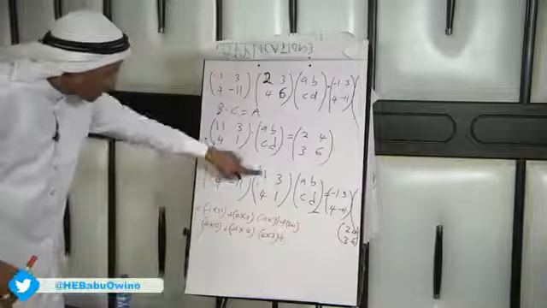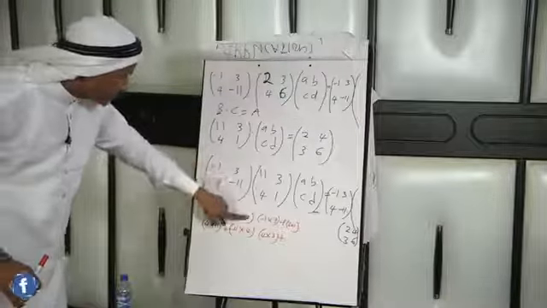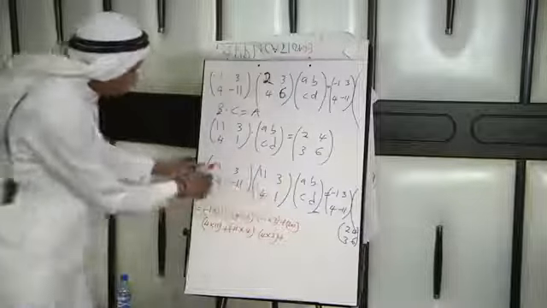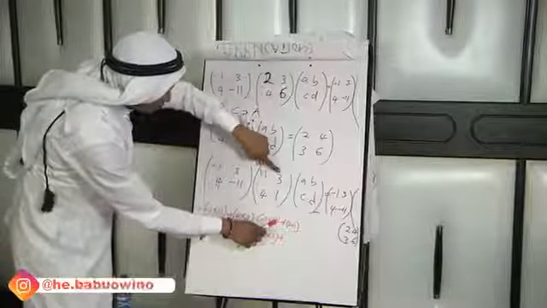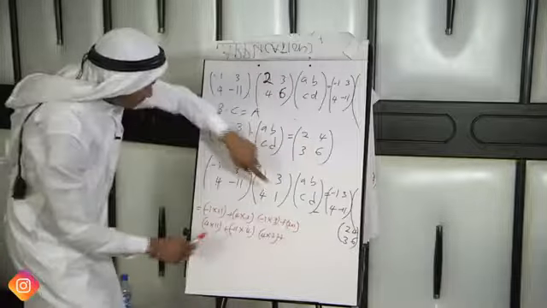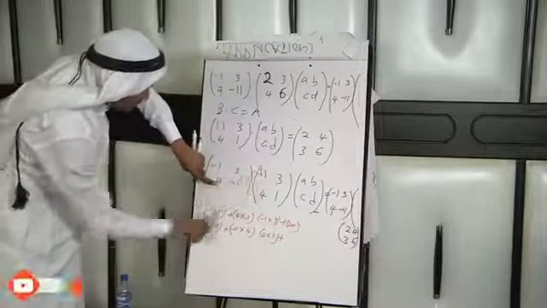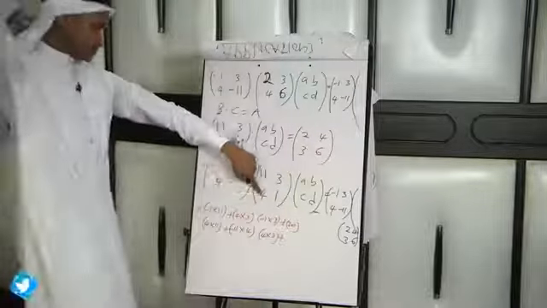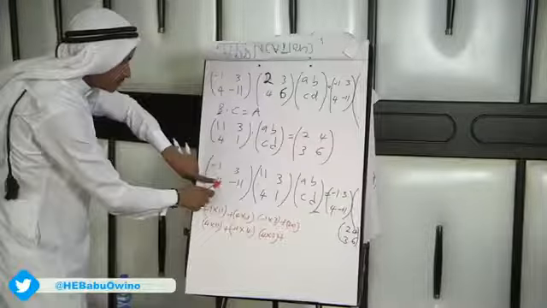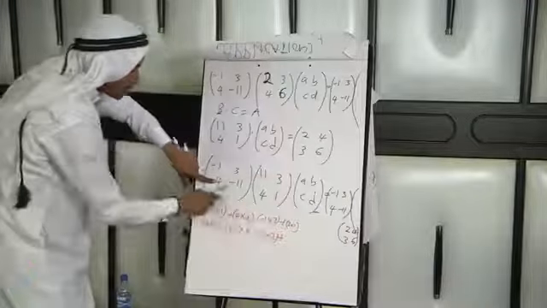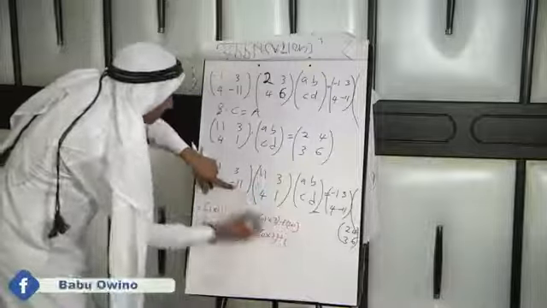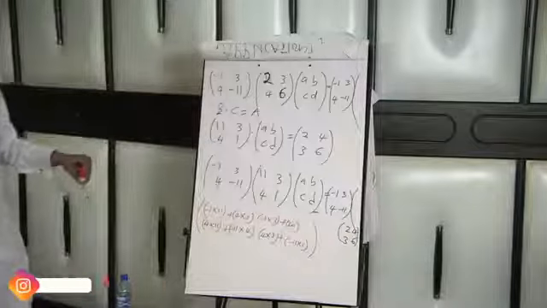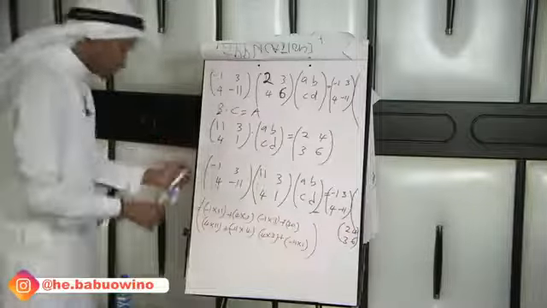Class, minus 1 times 11, yes, plus 4 times 3. Then minus 1 times 3 plus 3 times 1, yes. Then here 4 times 11 plus minus 11 times 4, yes. Then lastly 4 times 3 plus minus 11. Be careful with the signs, class. That is where I want you to focus on.